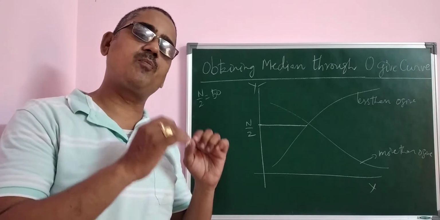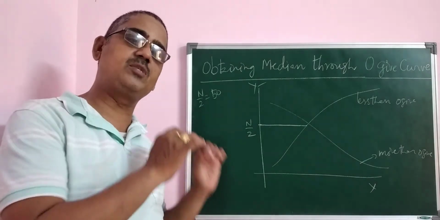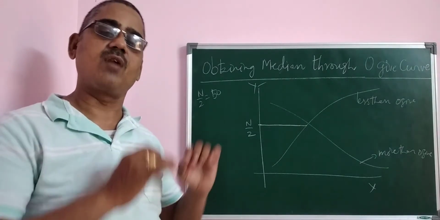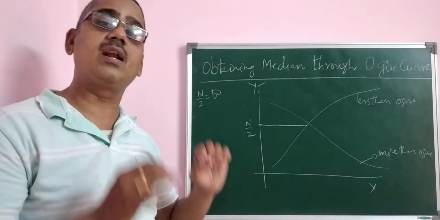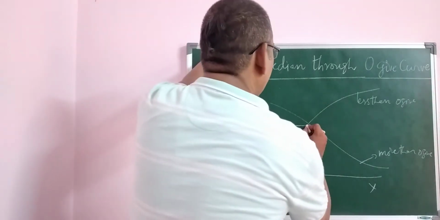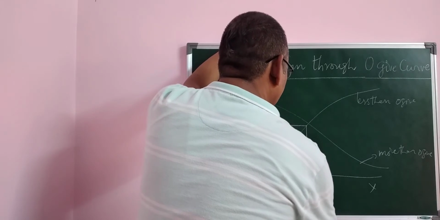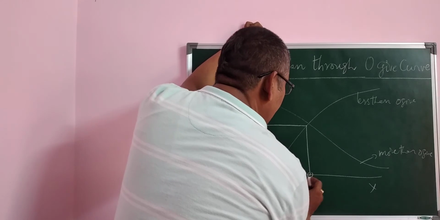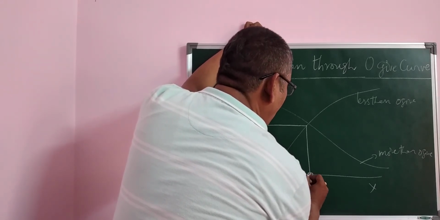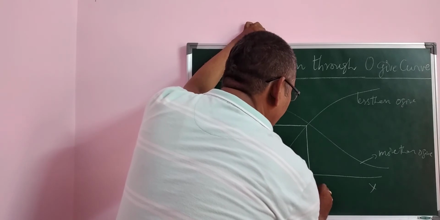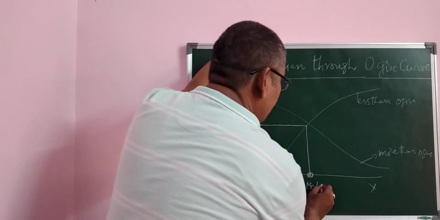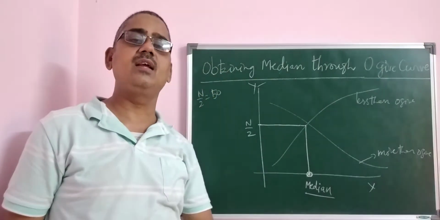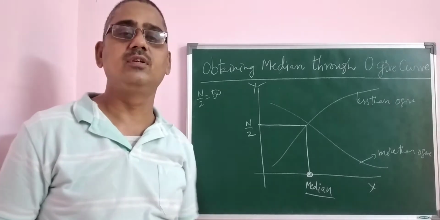At that point where this straight line meets the Ogive curve, you draw a perpendicular line to the x-axis like this, which gives the value of the median. Whatever value exists here, this point gives the value of the median. This is the procedure of calculating the median through the Ogive curve. Is it clear first?